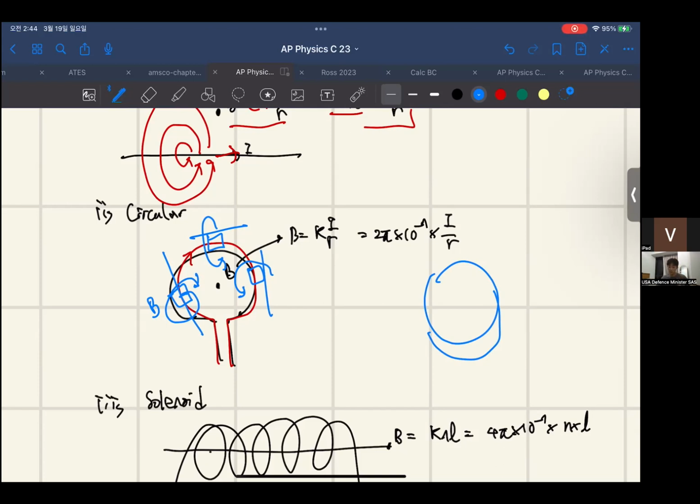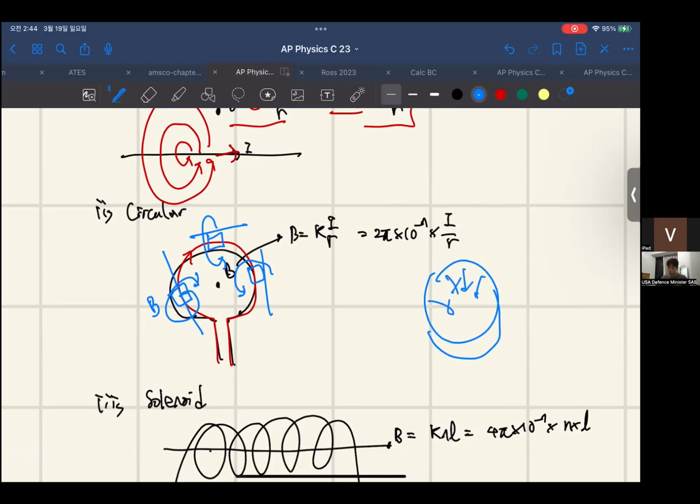What's going to happen? You would have water falling in towards the middle of the toilet, right? The same thing's going to happen. You're going to have the magnetic field falling towards the middle of your circular circuit, because at every point, if you wrap around your four fingers, then you'll notice how it always falls towards the middle of the circular circuit. So that's where your magnetic field would be formed.